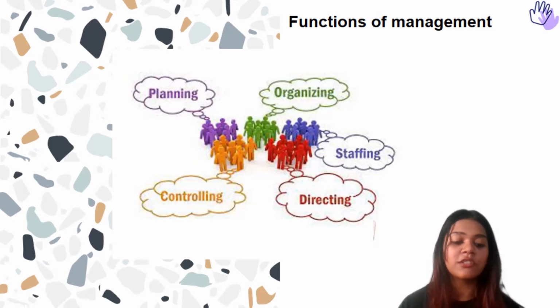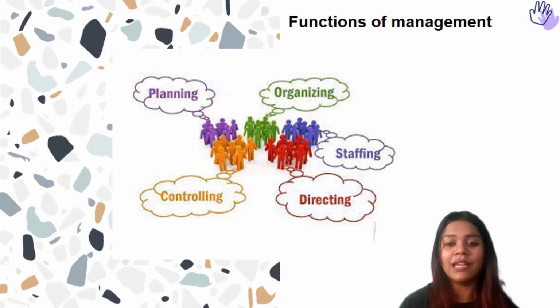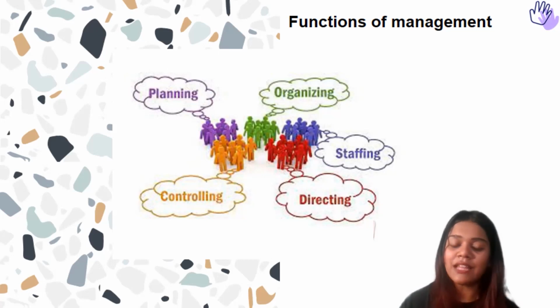Organizing refers to the structure of the organization with clearly defined lines of authority and responsibility. The organization has to be organized so that people know to whom they have to report, and so on. So that is what organizing is. Staffing refers to finding the right people for the right job, and staffing basically involves recruiting people and getting the right people allotted to the right job.